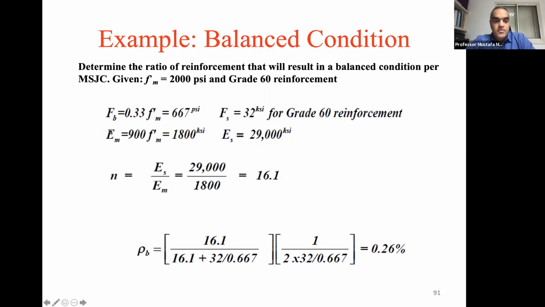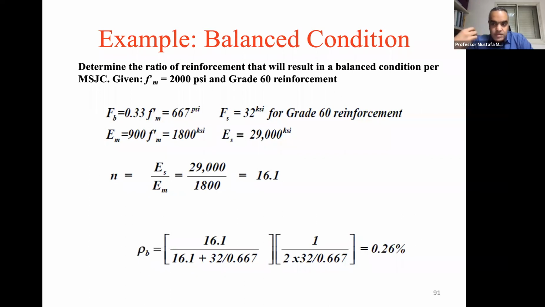So F sub B is given as 667 for 2000 psi, E sub M is 1800 ksi, the steel is 29,000 ksi, the allowable steel stress 32 ksi, and then N is E S over E M, that's 16.1. That's the modular ratio. So for rho balance, we just substitute everything here, assuming the allowable stress.